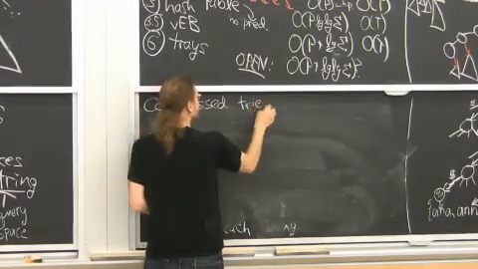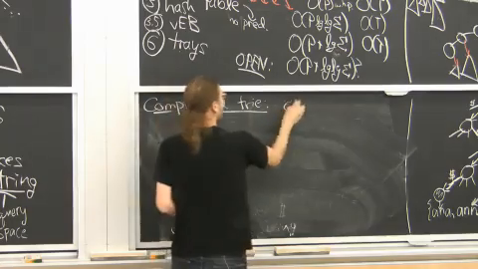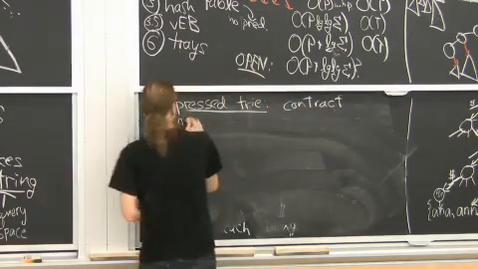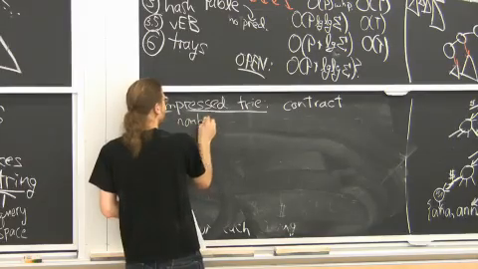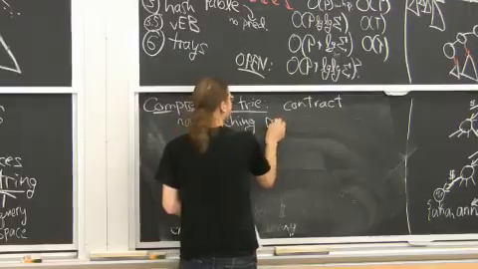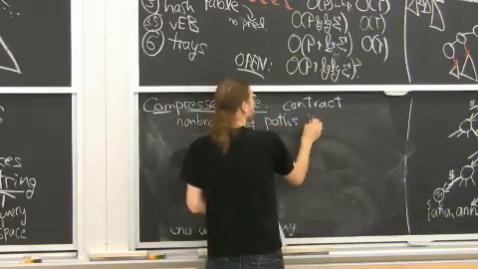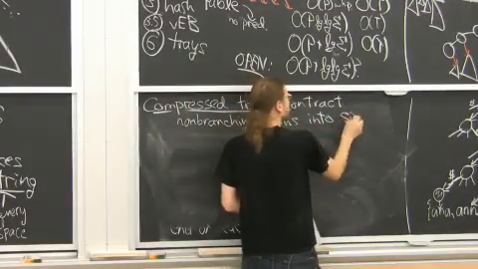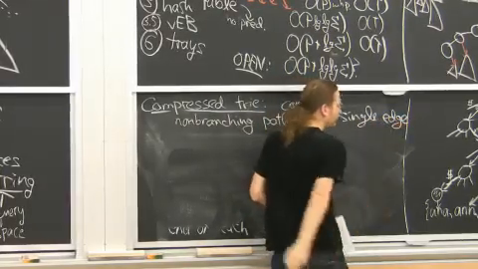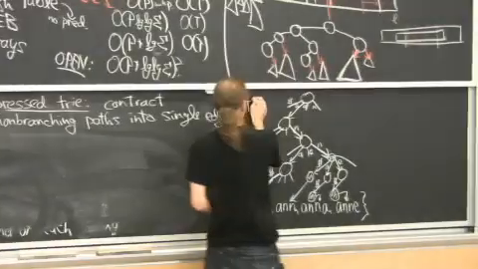So the idea with the compressed trie is very simple. Just contract non-branching paths into a single edge. So this is our example of a trie.